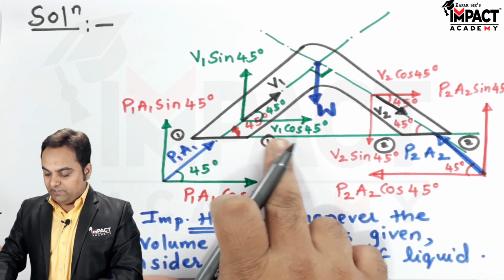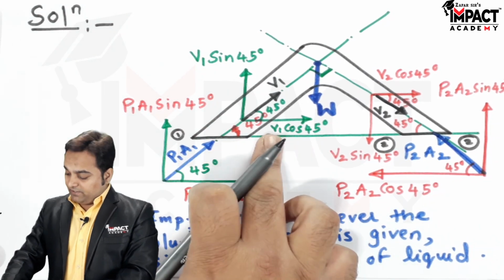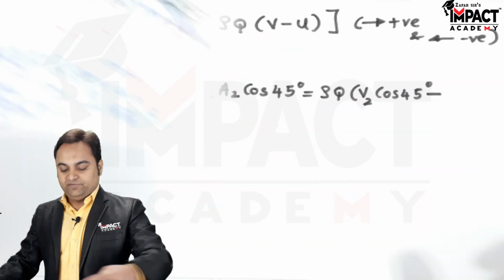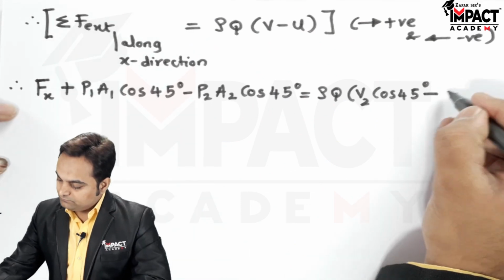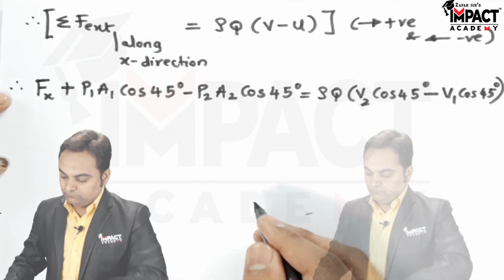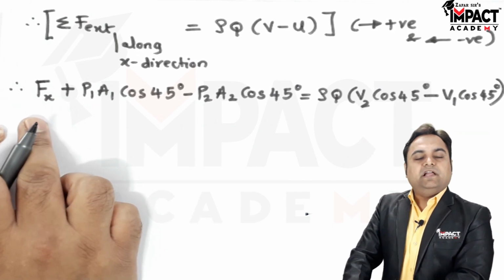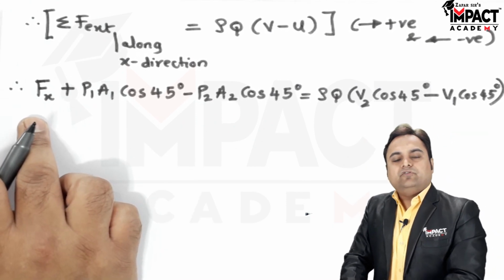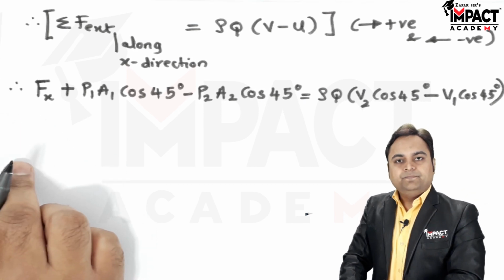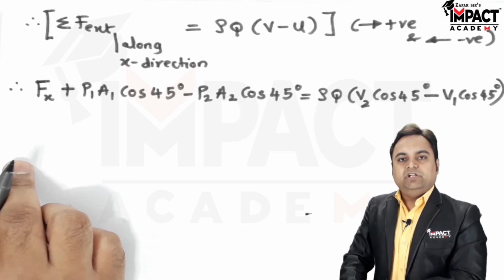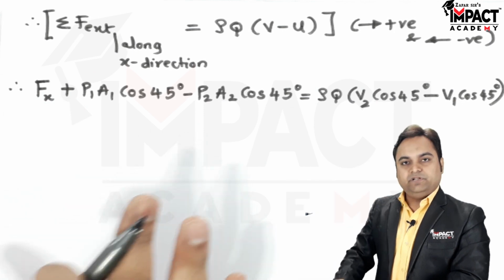Initial velocity along x is v1 cos 45, and again it is acting towards right, so positive. So therefore here is an equation from which Fx can be calculated, and remember, whenever you are solving the problem related to pipe bend, we have to develop the formula on the spot like we have developed in this case.